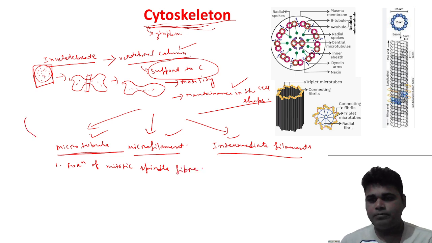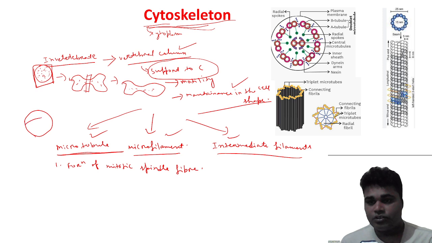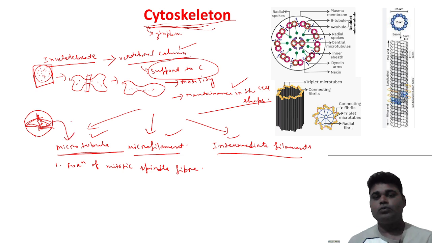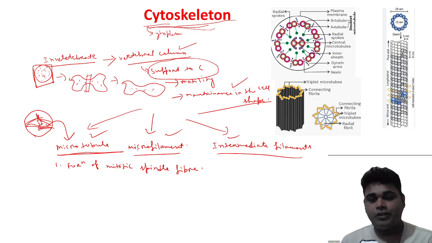For example, during cell division, let's suppose this is the chromosome in the metaphase state, and in the metaphase state a microtubule spindle formation occurs, and this spindle is made up of the microtubule. So it also helps in cell division by forming the mitotic spindle fiber.